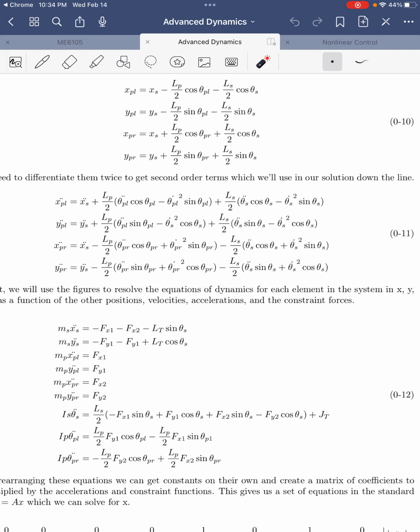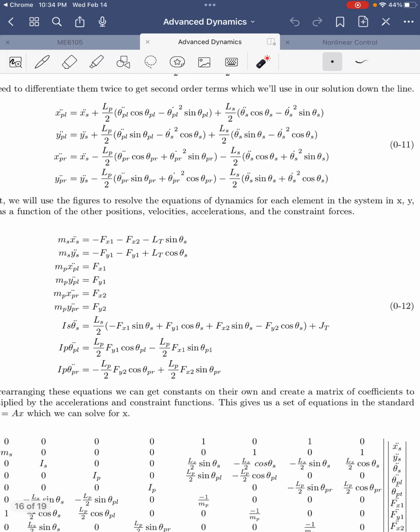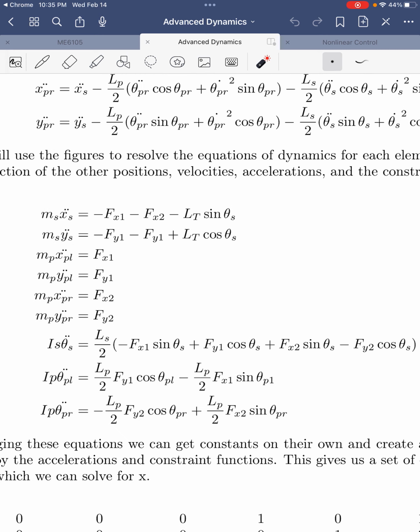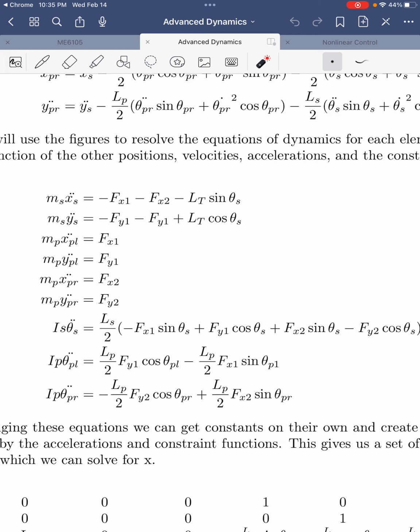This gives us 4 extra equations. So that's what you see here in 011. And then, of course, we have the dynamics equations. So we have them for x, y for the spacecraft, left and right panels, and then an orientation for all 3 of those elements as well. These I just gleaned from the geometry.